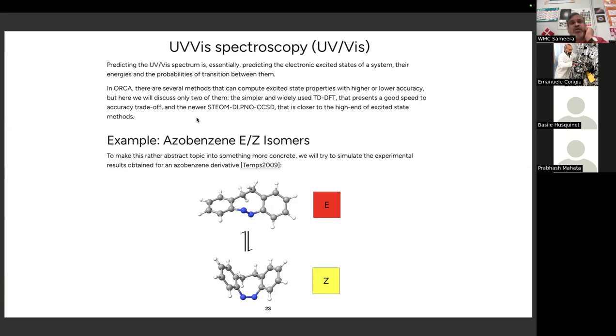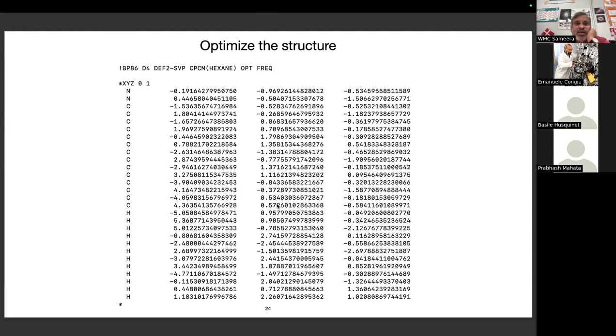Here the idea is to compute the UV and visible spectrum of these two molecules. So I will focus on only one molecule. And to do that, I propose you first optimize the structure, because we want a proper ground state structure to compute the excitations.